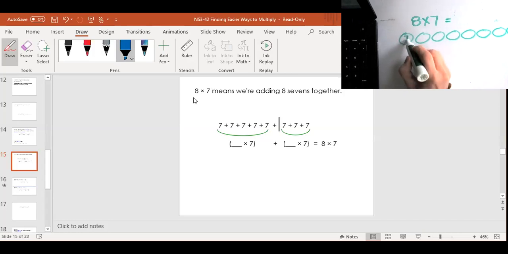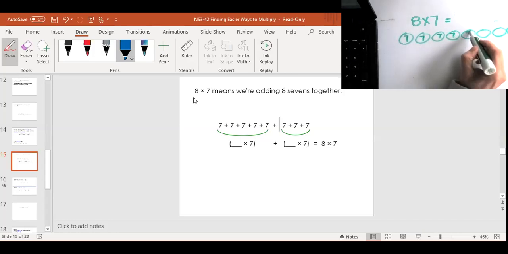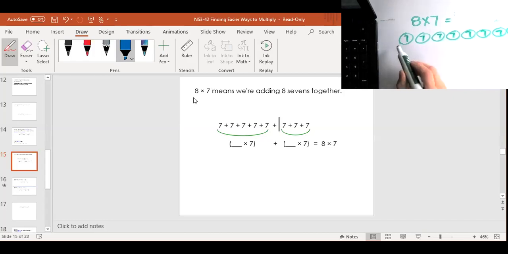Instead of drawing 7 dots, I'm just going to put 7, showing I've got 7 dots in each group. And that's like adding 7 8 times, right? So in the picture here, they didn't draw the circles, they're just drawing out all the sevens. 8 times 7 might be tricky, but they're going to try to break it into 2 smaller multiplication questions, products, so that you can have 2 smaller ones to put together. That's what's supposed to make this easier.